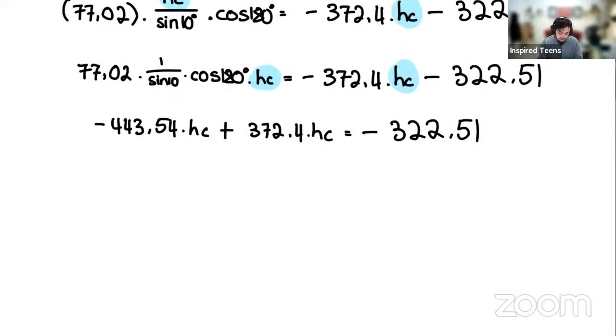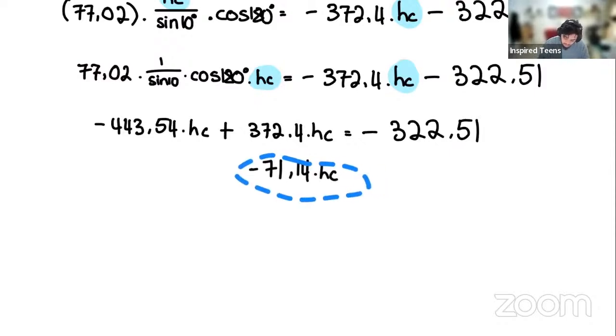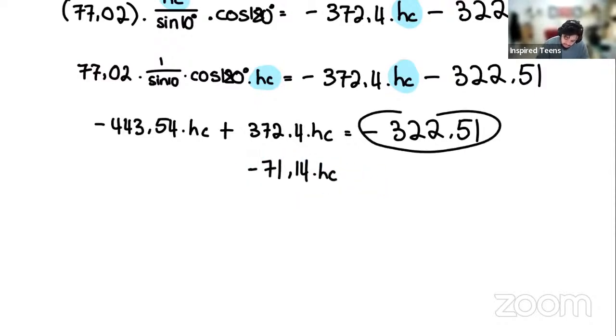So let me simplify this. Negative 443.54 plus 372.4 actually gives you negative 71,14 times HC. On the right hand side, of course, we still have this, which is negative 322,51.